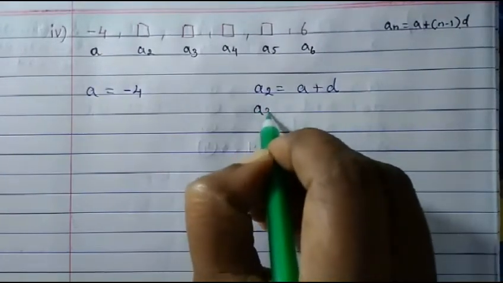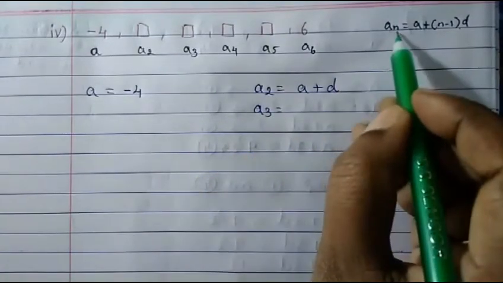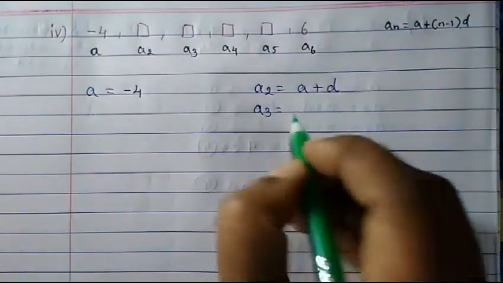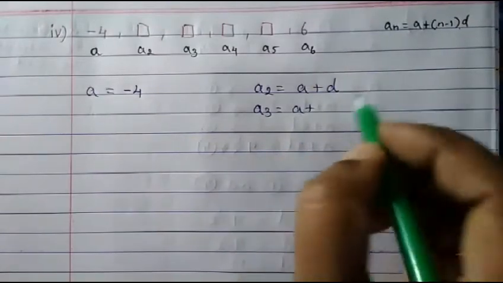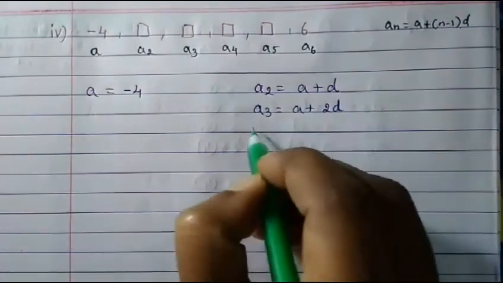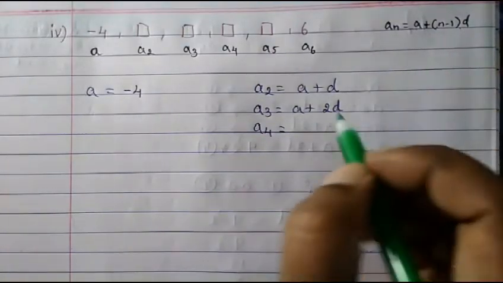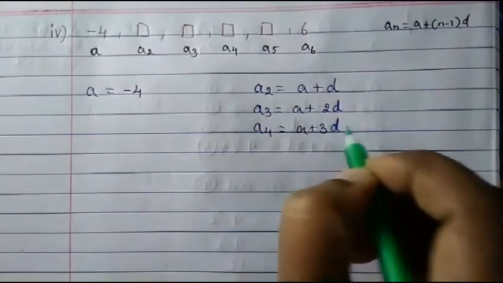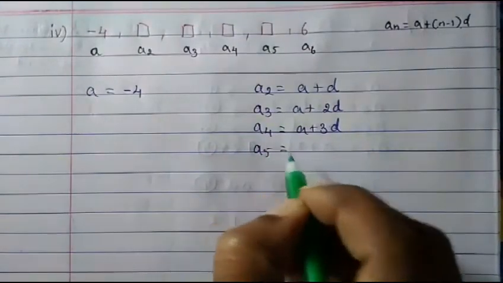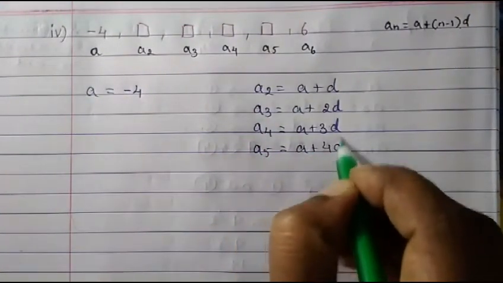Then A3, how to get it? Same way, A3 equals A plus 3 minus 1, which gives us 2d. Same way A4, 4 minus 1 gives us 3d. Then A5 will be A plus 4d.